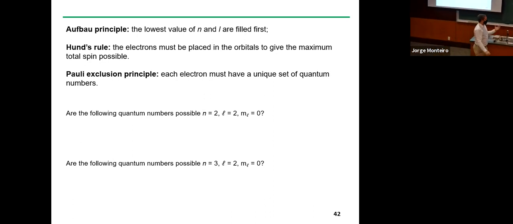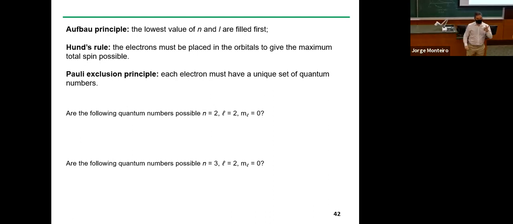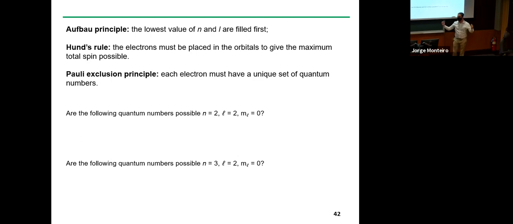So if we have the second shell, n equals 2, can we have l equals 2 for that shell? The max is 1. Because of that, this set of quantum numbers is impossible.